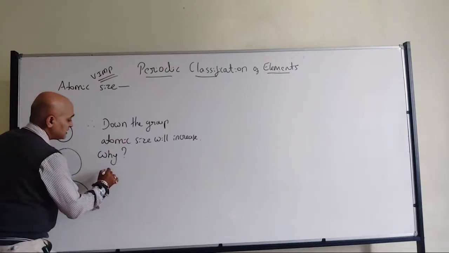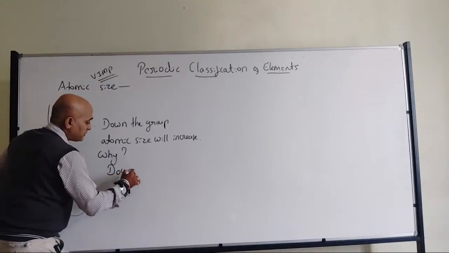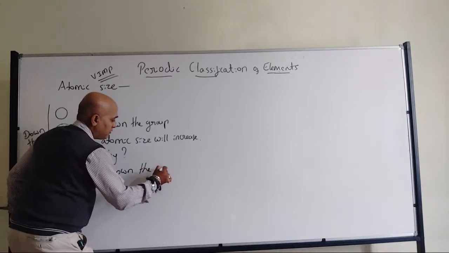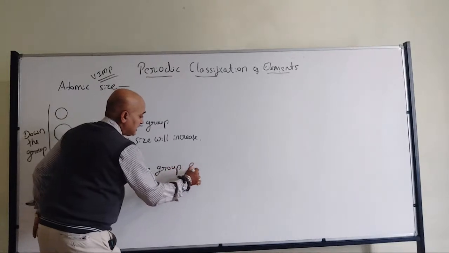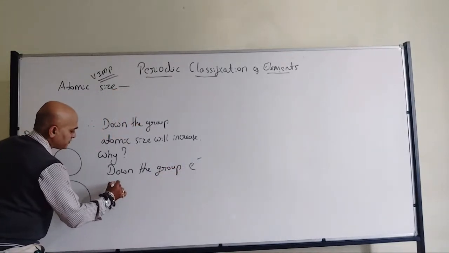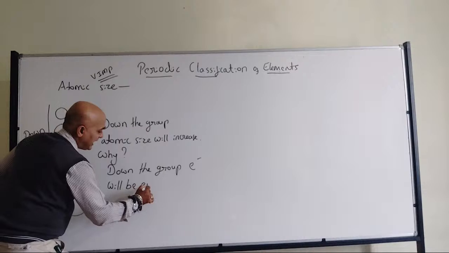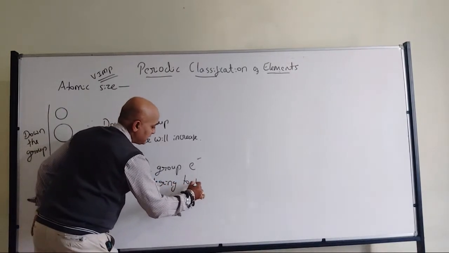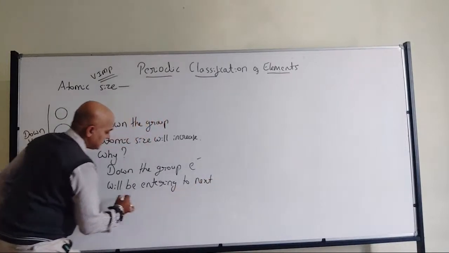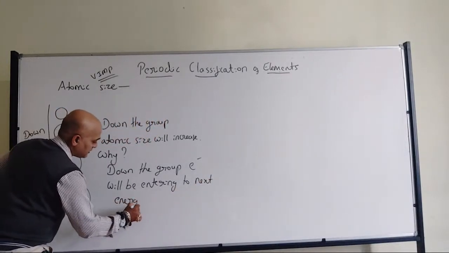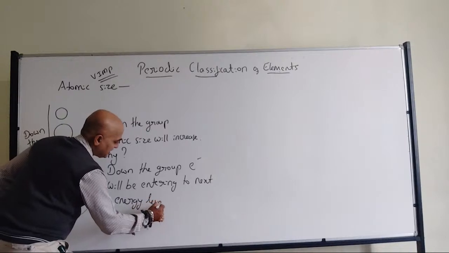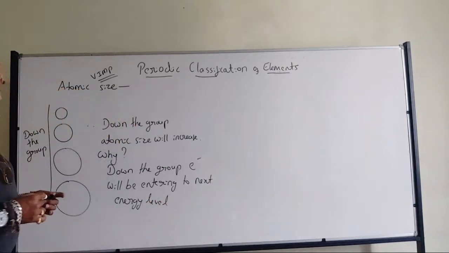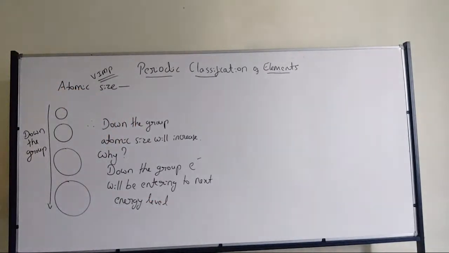That is because down the group, electrons will be entering into the next energy level. So due to that, atomic size will be increasing.